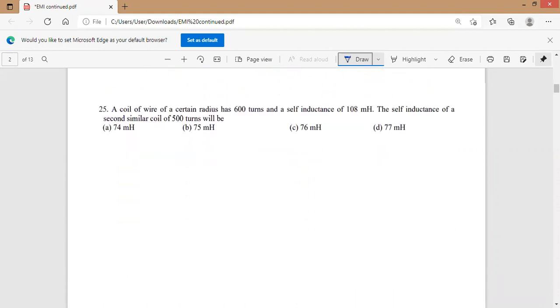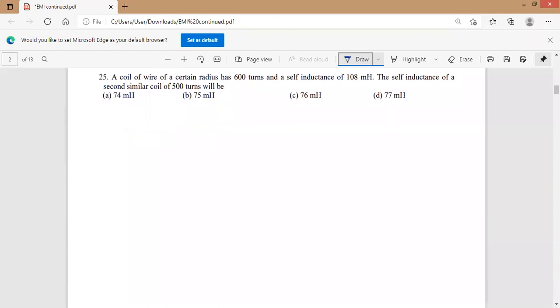So they are given N1 is equal to 600 turns and a self-inductance L1 is equal to 108 millihenry. Now the N2 is equal to 500 turns. L2 is equal to what? Question mark.